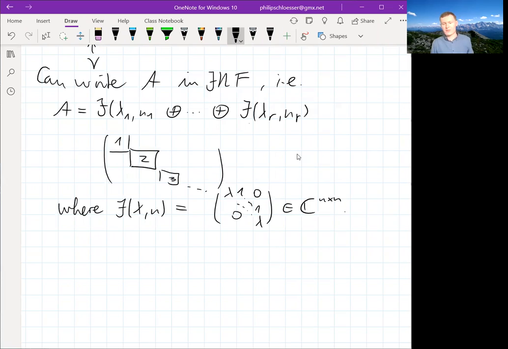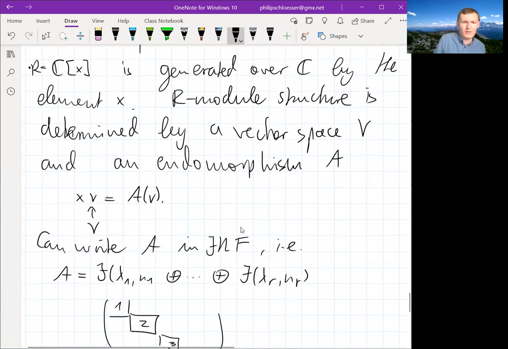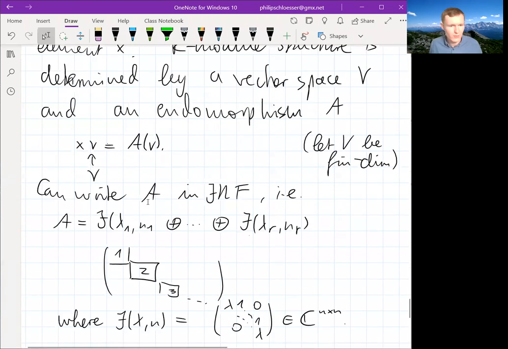So we already have some kind of decomposition. I guess I should at some point also have said that we want this thing to be finite dimensional. Otherwise, this doesn't work at all.